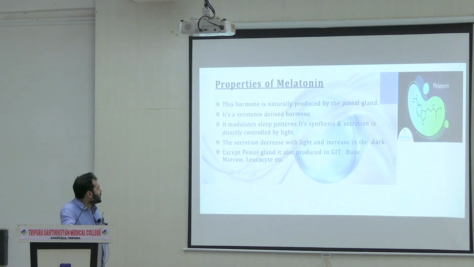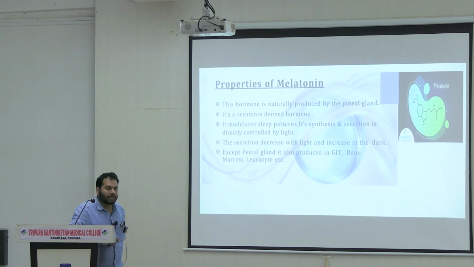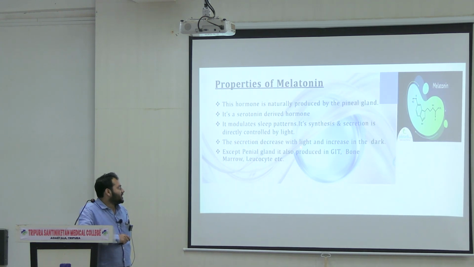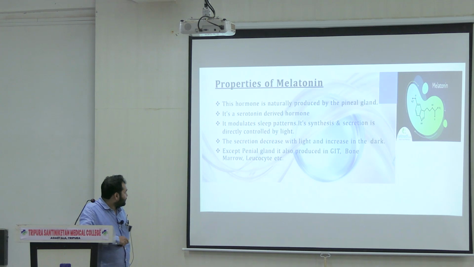The secretion decreases with light and increases in the dark. So this is very important. This means the secretion of melatonin is influenced by these conditions, and in the presence of light, there is a lesser level of secretion from the pineal gland.